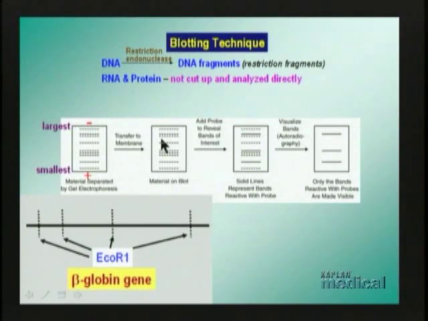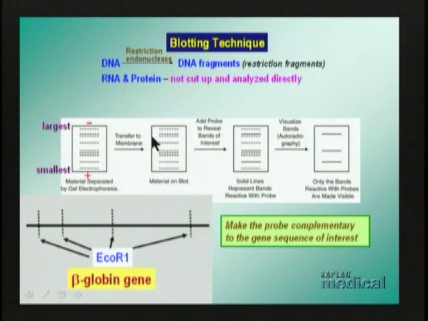So now the issue becomes, how do you detect these fragments from beta-globin? Well, what's done is to make a probe, a DNA probe, that's complementary to the gene of interest. What's the gene of interest here? It's the beta-globin gene. So we know what the sequence of the beta-globin gene is, and we can make a probe that's complementary to the beta-globin gene. And so I'm going to illustrate the probe as shown here by the red horizontal line.